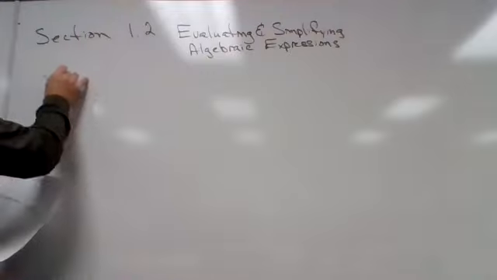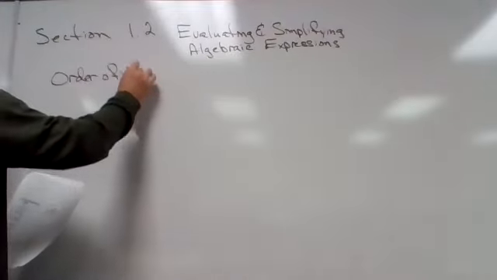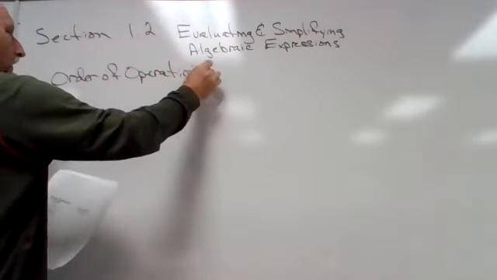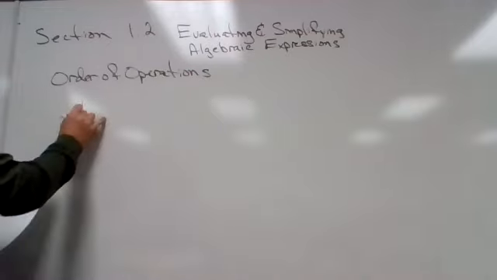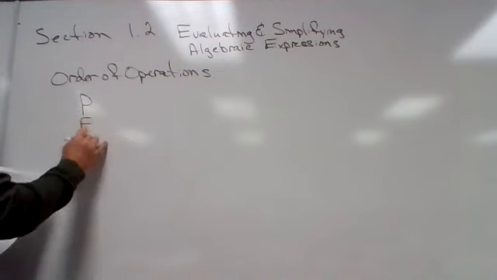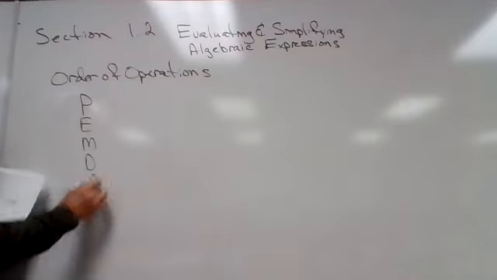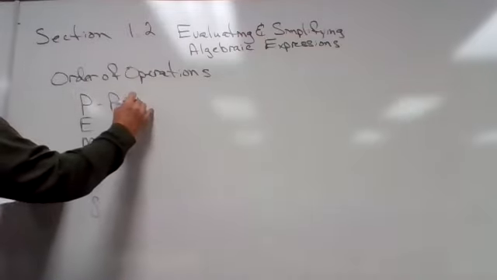There's something called an order of operations. And if you're in advanced algebra, there's not a whole lot we need to talk about here. You should know what the order of operations is, and we know it as PEMDAS. P stands for parentheses, of course.